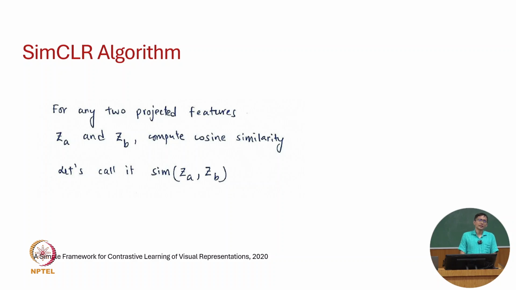Now, think about it like this. For any two of these projected features, ZA and ZB, we can compute, let's say, cosine similarity, and let's call this SIM(ZA, ZB).